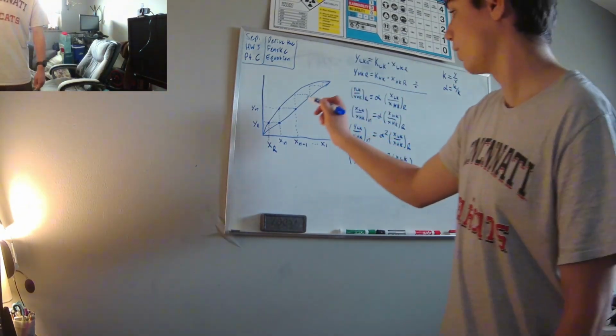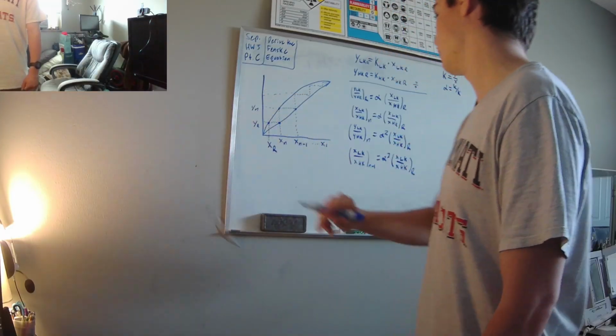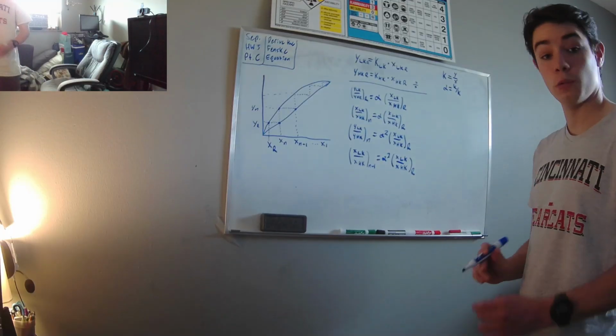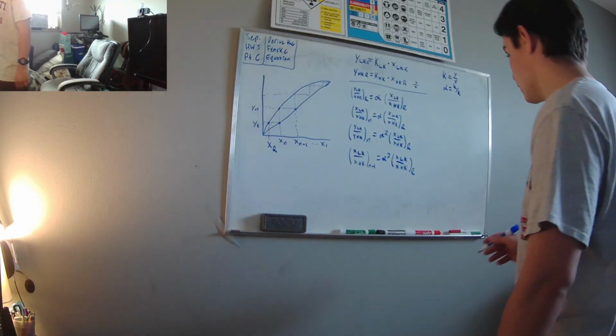And we can go on and on, moving up to our YN minus 1, putting in another alpha, cubed, until we begin to notice a trend here.